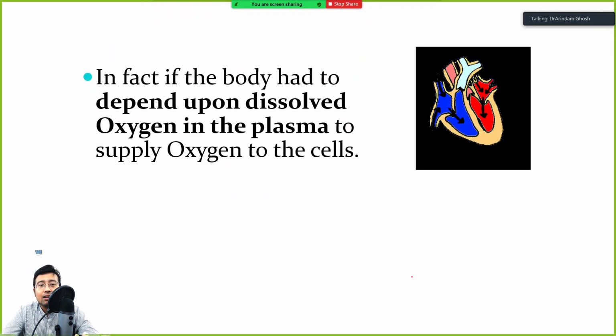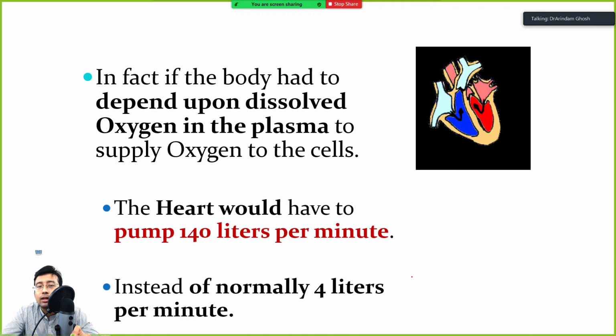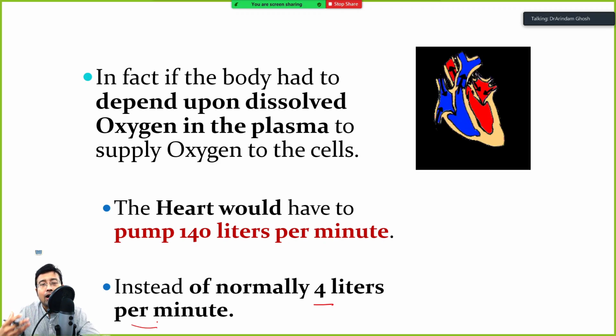So if body were to depend upon this dissolved oxygen in the plasma, normally what is the amount of blood that is pumped? Okay, it is 4 liter per minute. Generally it can vary. Cardiac output can vary from heart rate to the volume.